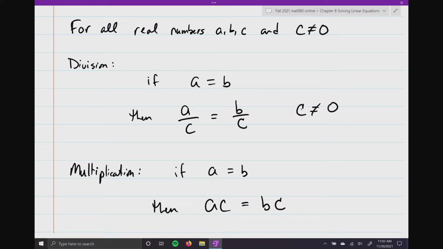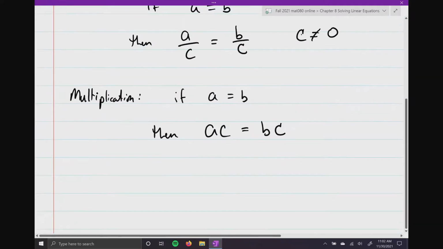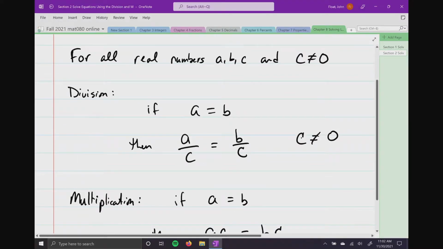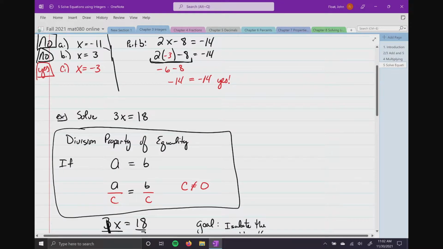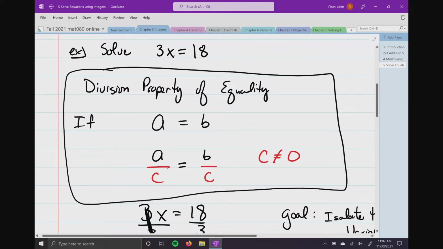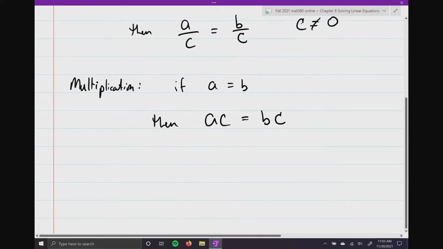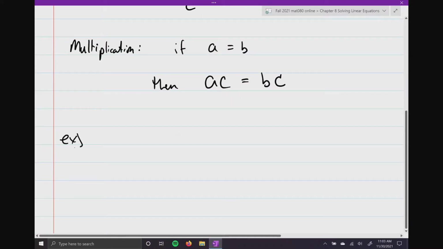So what I'm going to do is just go right into some examples, because we actually already seen a lot of this before. If you go back to chapter 3, section 5, here is where we introduce this division and multiplication property of equality. Okay? So example number 1, and you know what I'm going to do? I'm just going to write solve the following examples, because I hate writing down the directions every single time.